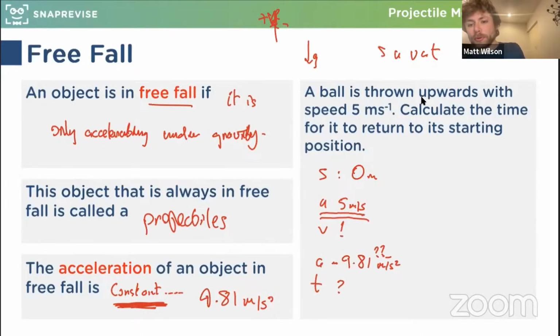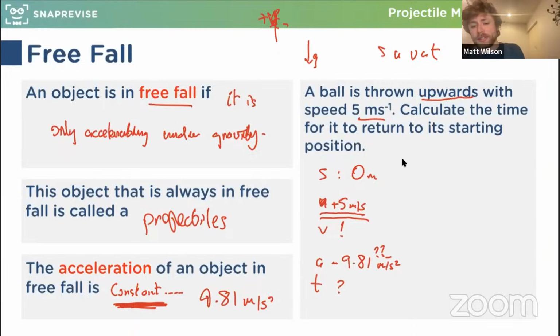We were told that the ball was thrown upwards with a speed of 5 meters per second, and I called that a +5 velocity. Therefore, it was me in this question already who had chosen to treat the upwards direction as positive. Therefore, indeed, the acceleration being downwards will be minus 9.81 meters per second squared.